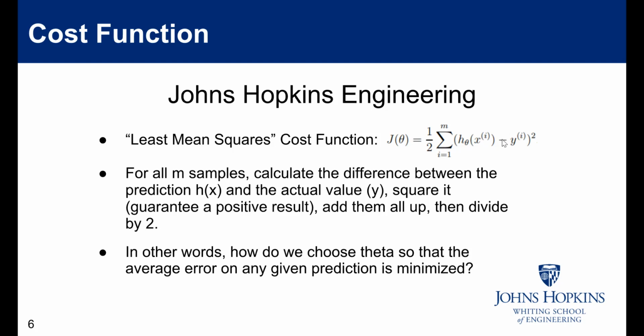But the y, the actual observed value, was 12. So you can see there's a little bit of a difference there. Our hypothesis was not 100% correct for x equals 60. So if you subtract 14 minus 12, we get 2, and then we square that.